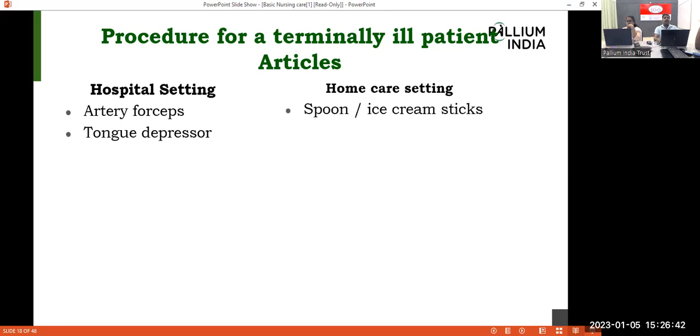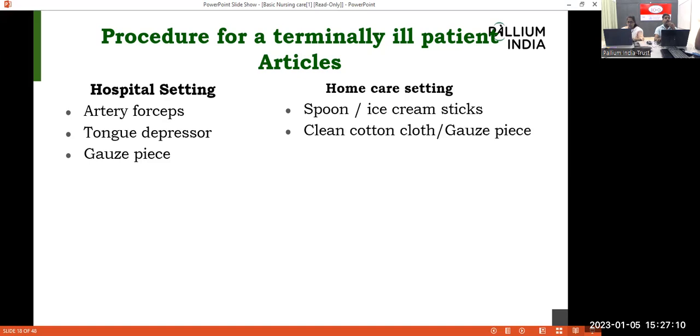But in a home care setting, we can educate them to use a spoon or ice cream stick. Using the backside of the spoon, we can do the procedure. Just hold the spoon in a reverse manner, and the backside of the spoon we can tie with a gauze piece very safely, and we can use it for cleaning, or otherwise the ice cream stick.